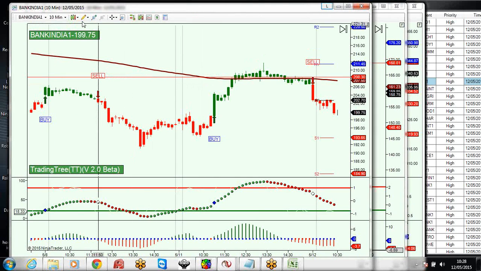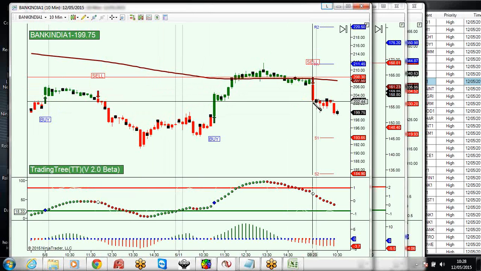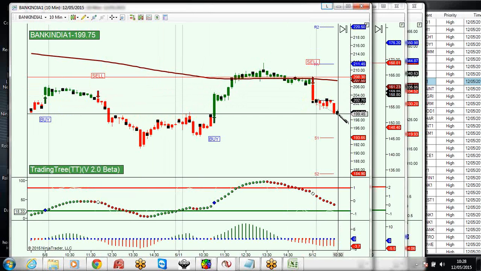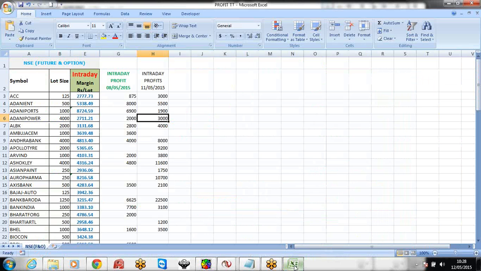So it's Bank of India. You can just check the profit here. That's around 2,800 rupees profit. What is your investment here? Around 3,300 is your investment.